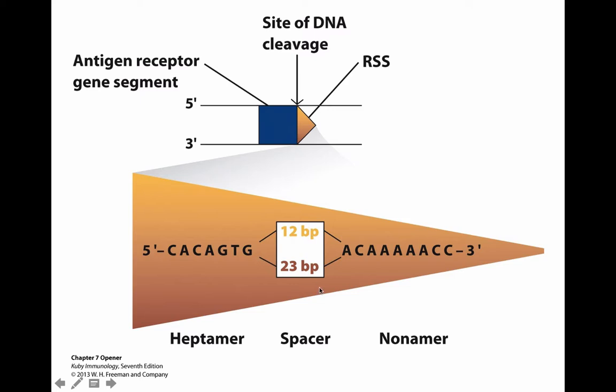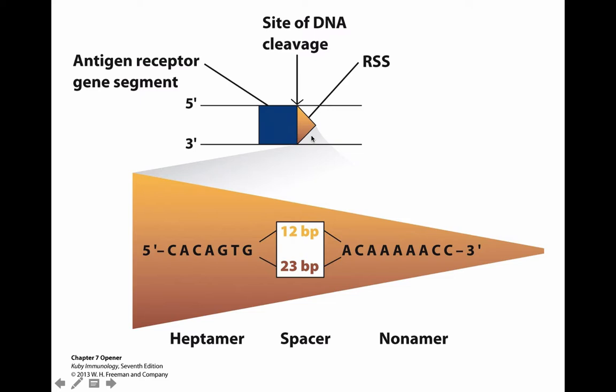It's either 12 or 23, but the sequence in here is just junk. It's just spacer stuff. So the way this is organized is this is on the gene sequence, and they found multiple copies of these. And so you have an antigen receptor gene section that's connected with this triangular piece, which is the RSS, or the recombination signal sequence.